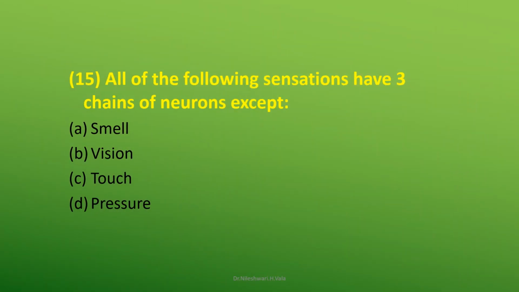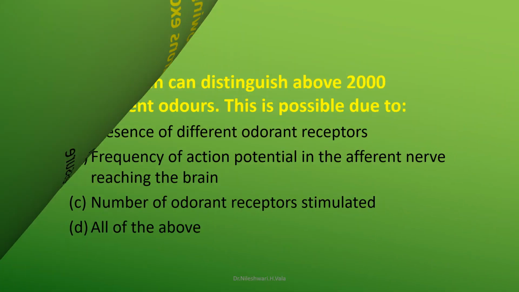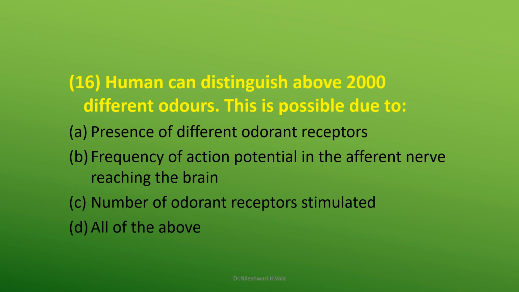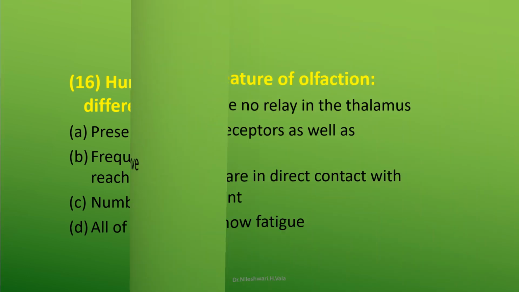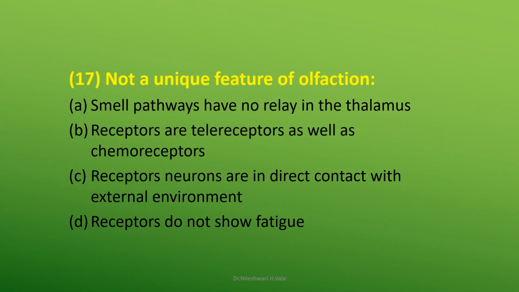All of the following sensations have 3 chains of neurons except. 16th question, humans can distinguish above 2000 different odors and this is possible due to. Not a unique feature of olfaction.